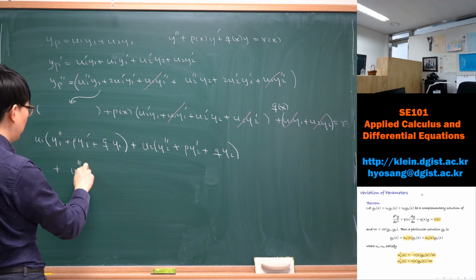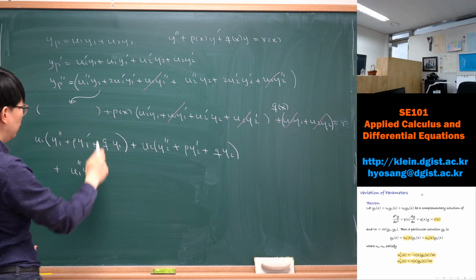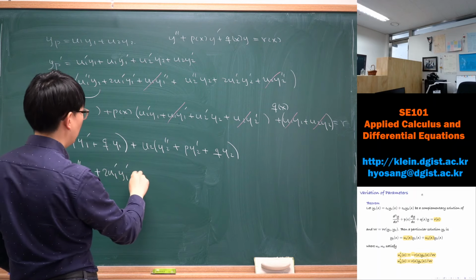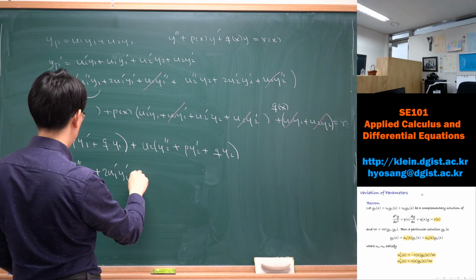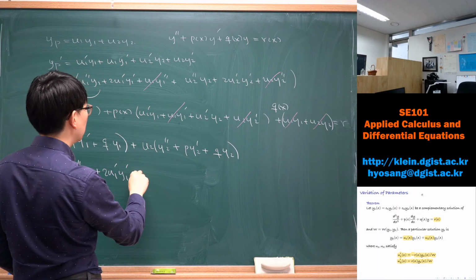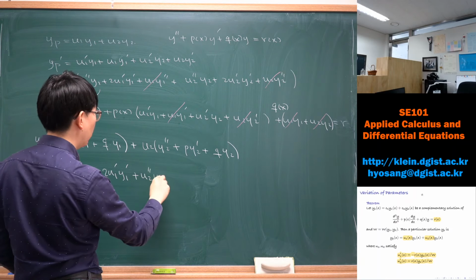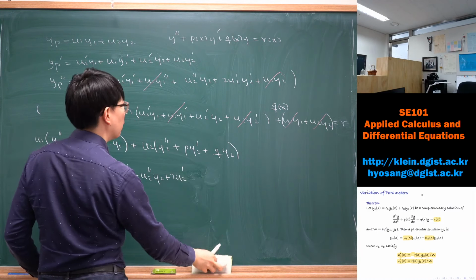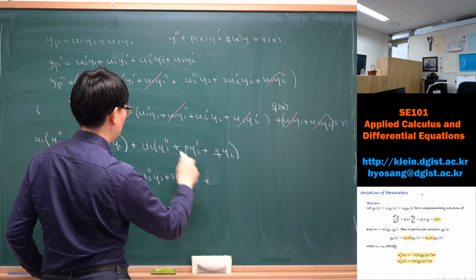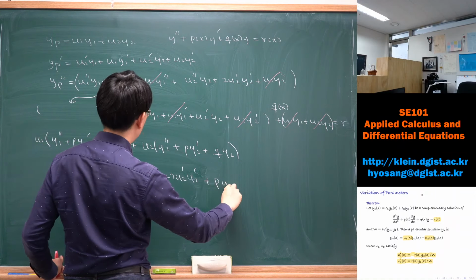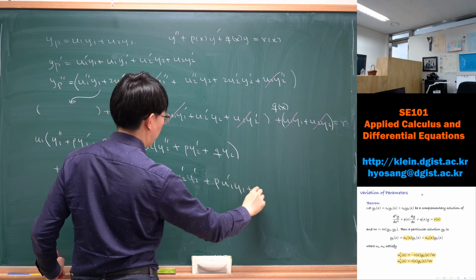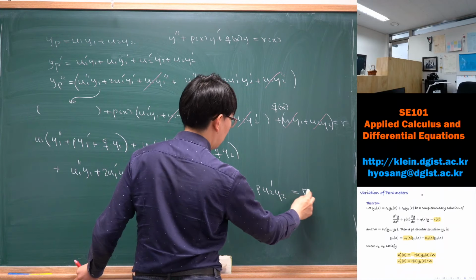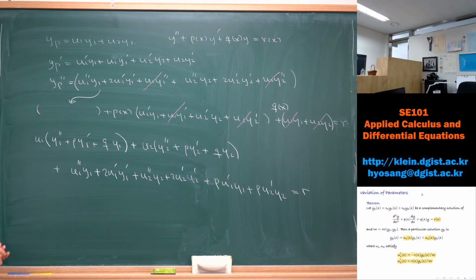Here u1'' y1, and 2u1' y1', and u2'' y2, 2u2' y2', and here we have p u1' y1, p u2' y2. That actually equals r.